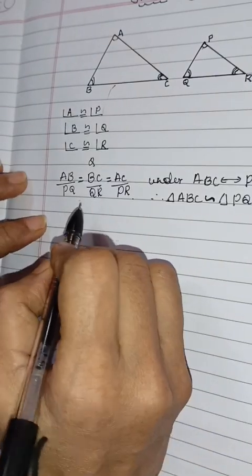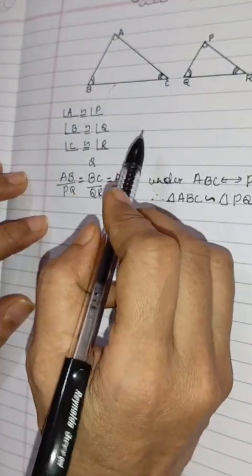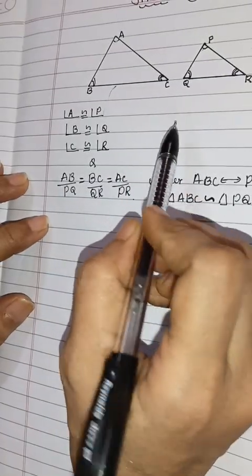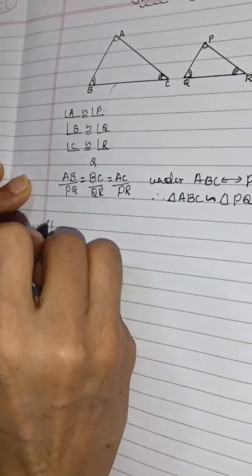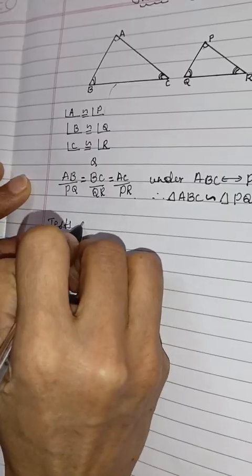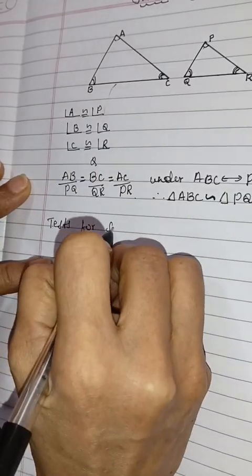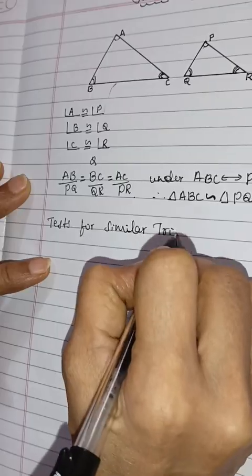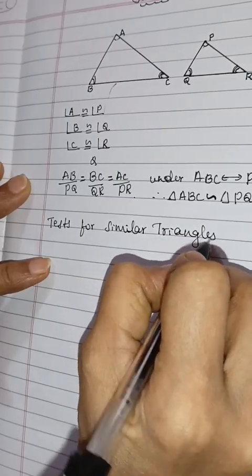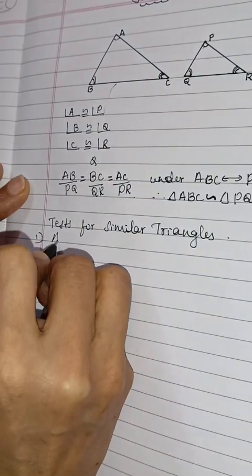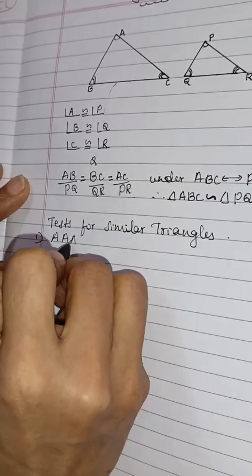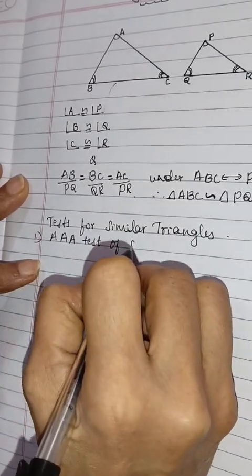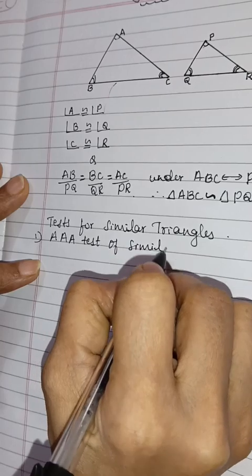Now there are some tests to prove whether two triangles are similar. Tests for similar triangles. First is the AAA test of similarity.